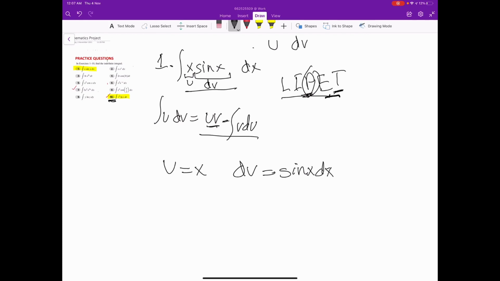Don't forget the dx. Now we will write what's du because we need it in our formula. Du, which is 1, the derivative of x is 1. So we will only write dx. And from the derivative to the original function, we must anti-derive. From the formulas to remember, we know that the integral of sine x is minus cosine x.